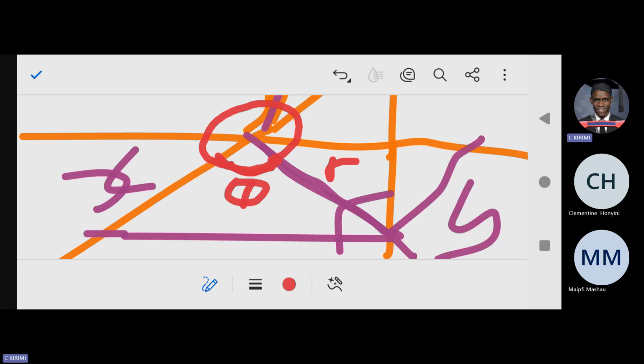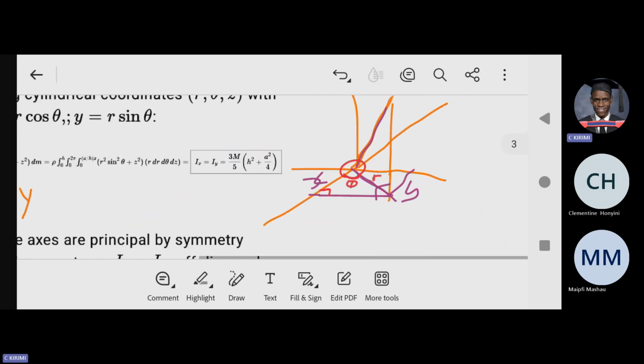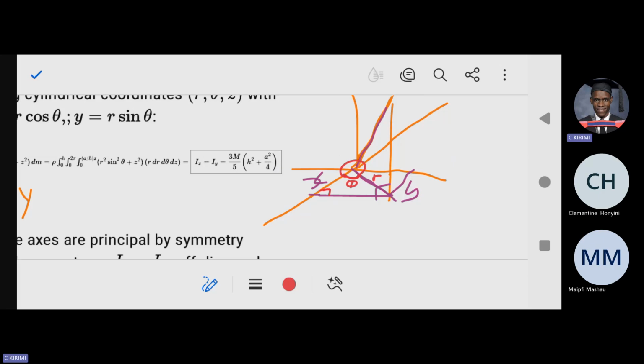If I'm having r, what is the relationship between x and r? The r is the hypotenuse, and where those two meet we have a 90-degree angle. So what is the relationship between r and y, and between r and x in terms of theta?